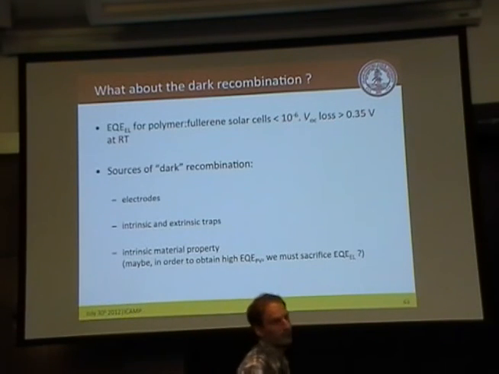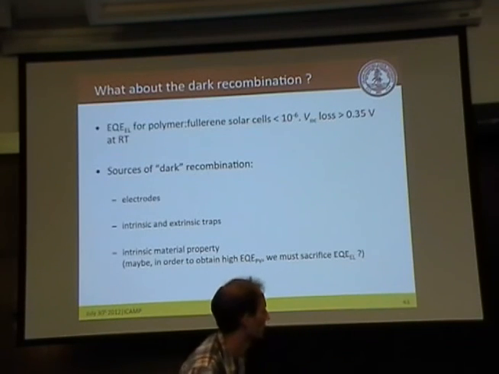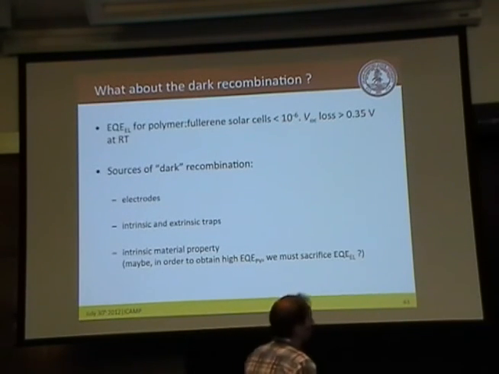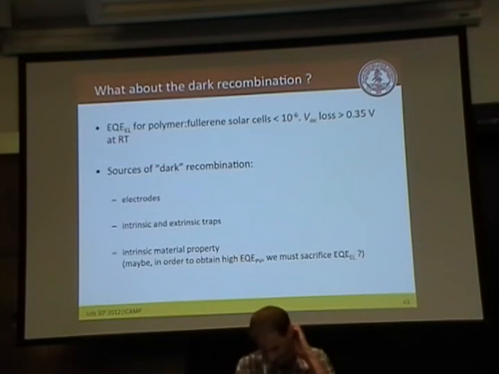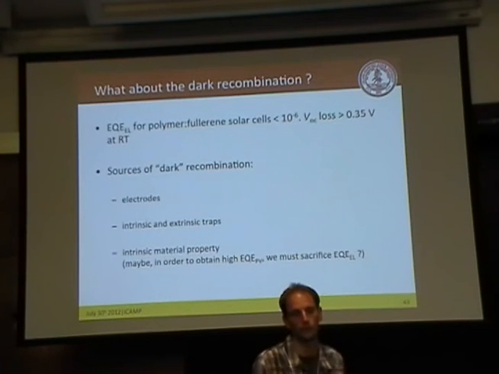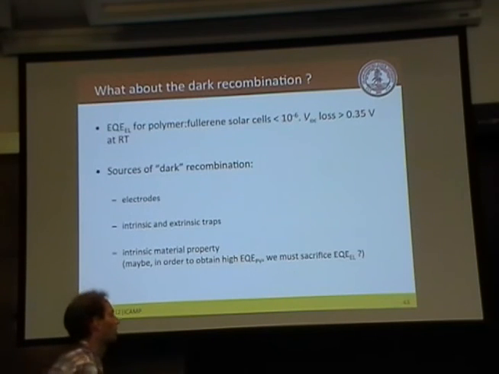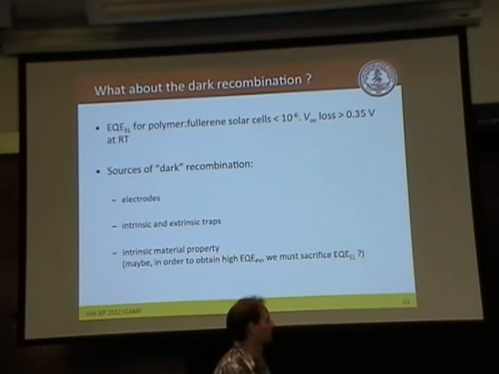They can maybe be purified out. We try purifying, but usually you don't see any changes in this. Or, and this would be the worst thing, maybe it's intrinsic. Maybe to get a lot of current coming out of your solar cells, so to have a good short circuit current, maybe it's unavoidable to have so much dark recombination. So this would be the worst.